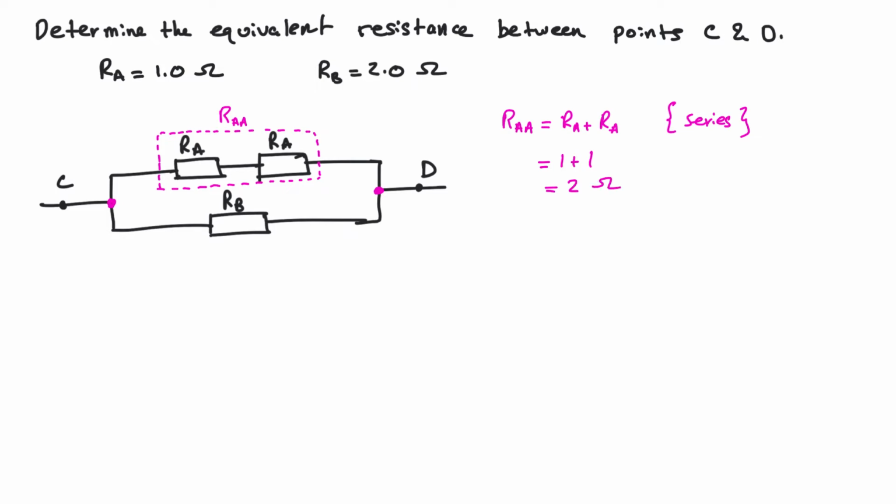Now, for the equivalent resistance, I have to add RAA and RB in parallel because, again, they are connected between two wires, and we have a junction here. If they were on the same wire, we would calculate the equivalent resistance in series, but here they are on separate wires.